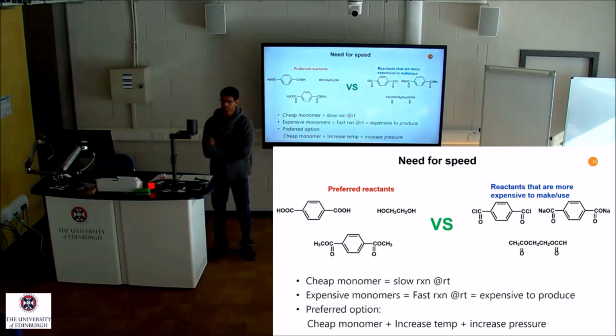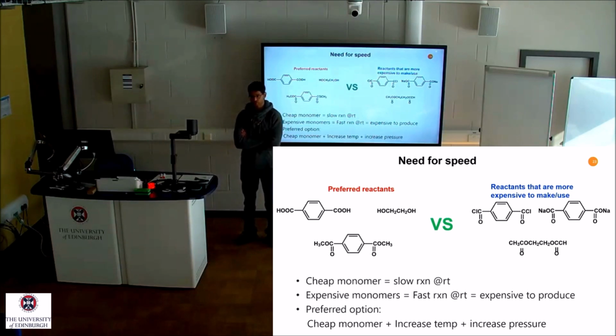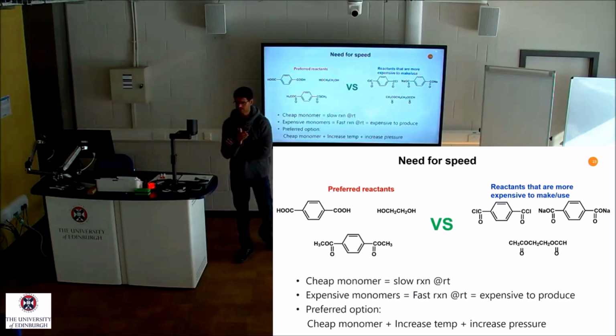I feel like aren't catalysts quite expensive though? Is the price offset by the decrease in energy usage? Is that why it's less expensive to use a catalyst? Oh yeah, definitely. Some of the catalysts, like the inorganic catalysts, can cost you a fortune. But some of the catalysts can be really, really cheap.